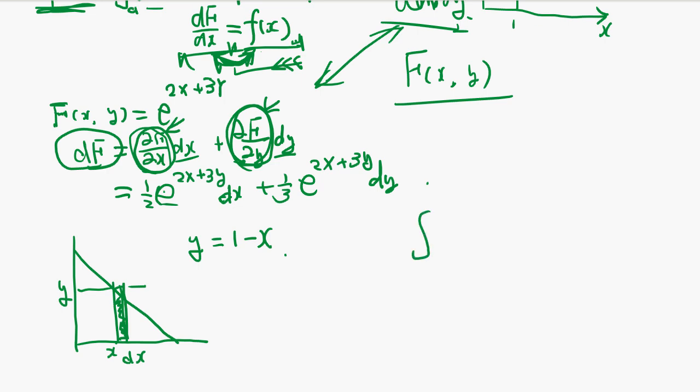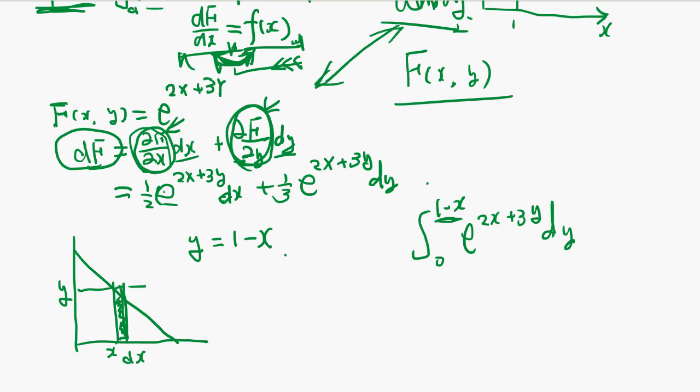So obviously the first boundary for 2x plus 3y dy is going to be the variable boundary.